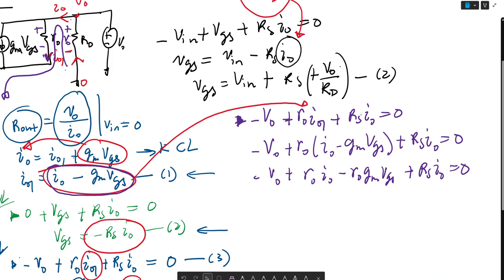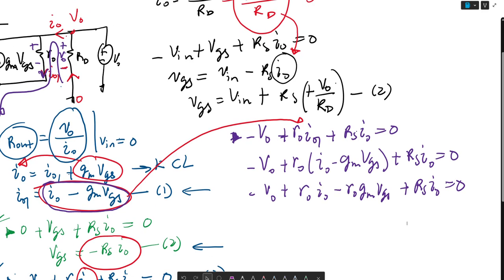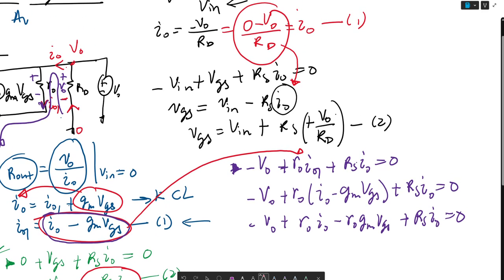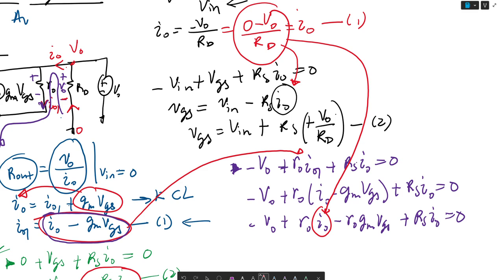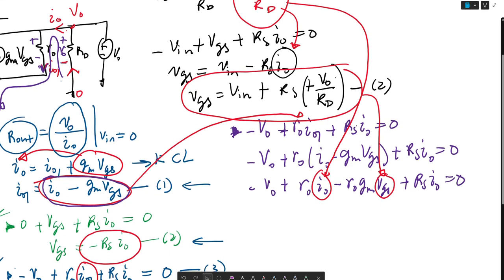So let's go ahead and plug some things in here for IO and for VGS. We know IO is equal to negative VO over RD. So we're going to plug that in here. And we know VGS is equal to this equation here, so we're going to plug that in for VGS. We're also going to plug in IO in here as well.